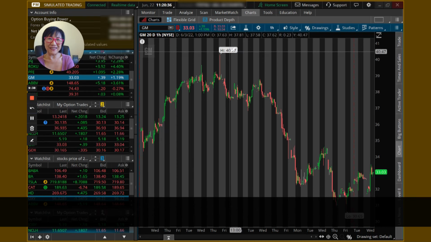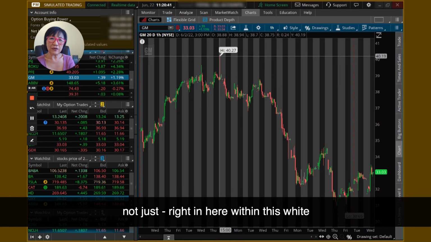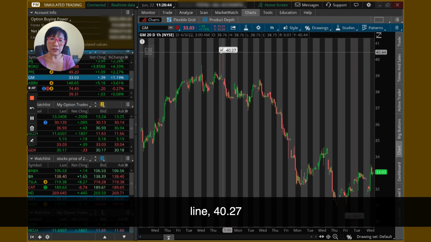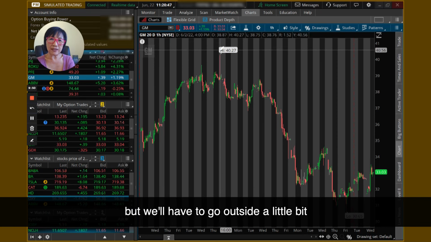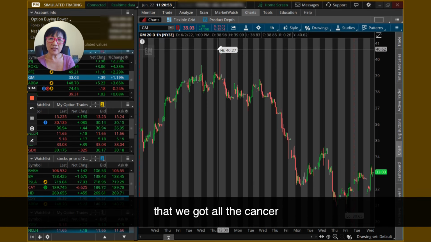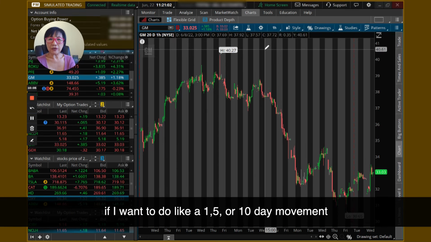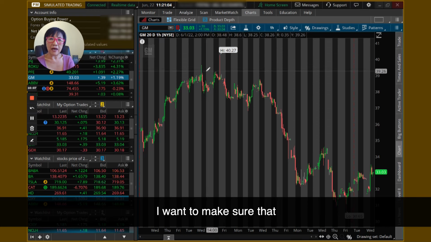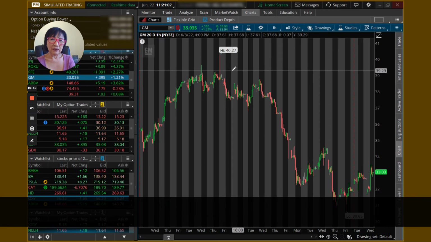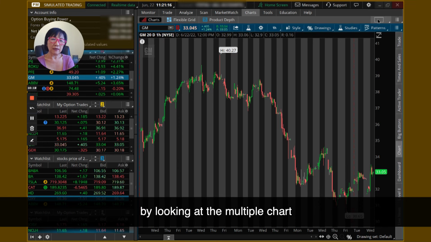We have to excise, take out the cancer, not just right within this white line, but go a little bit outside of it, so that we get to good skin and know that we got all the cancer spots out. Same thing here. If I wanted to do a 1, 5 or 10-day movement, I want to make sure that the 20-day market has not gone below 30.65, as indicated by looking at the multiple chart.